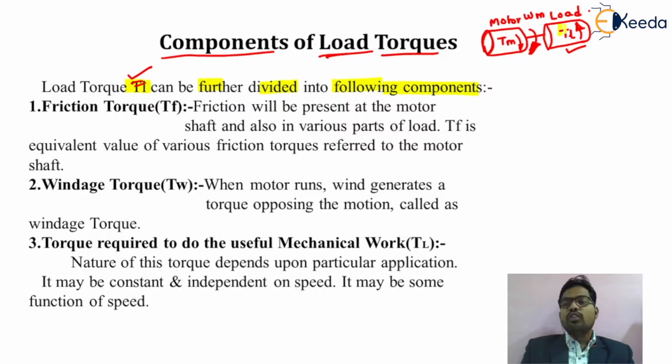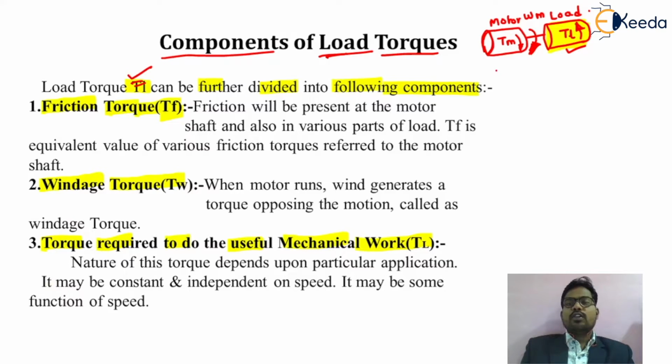The first component is called the friction torque, indicated by the symbol TF. The second one is called the windage torque, and the third one is the torque required to do useful mechanical work. So the load torque is divided into different components.